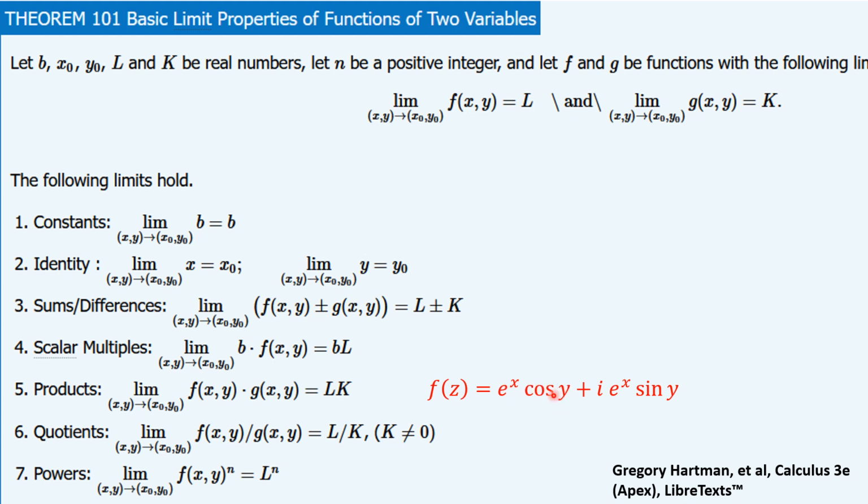We know these are both continuous functions, and so their limits exist. And if we just take e to the x to be the f of x here, and cosine y to be the g of x, y, then this theorem says the limit of the product equals the product of the individual limits. So we know that this is continuous from this part of the theorem, and we can do the same thing here for the imaginary part.